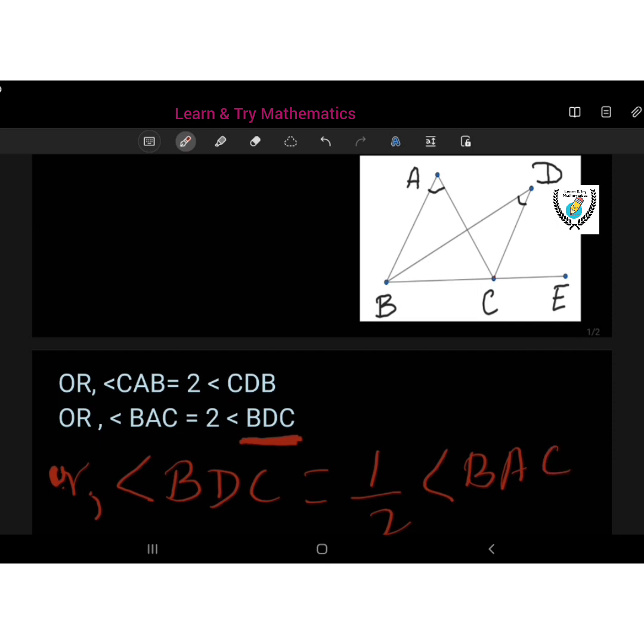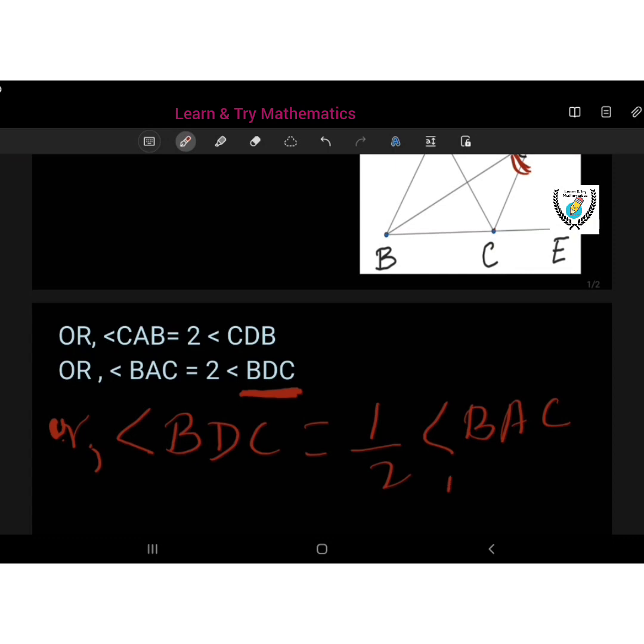So the value of this angle is half of this angle. Hence the theorem is proved.